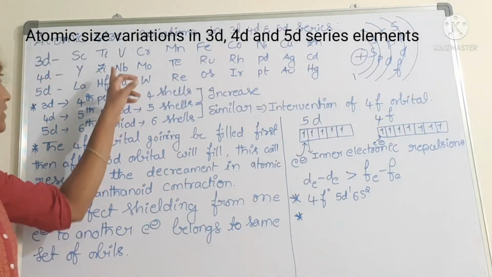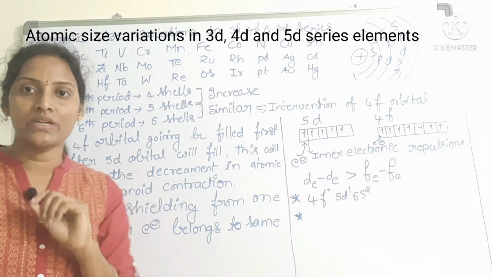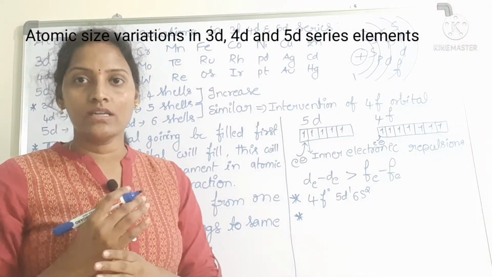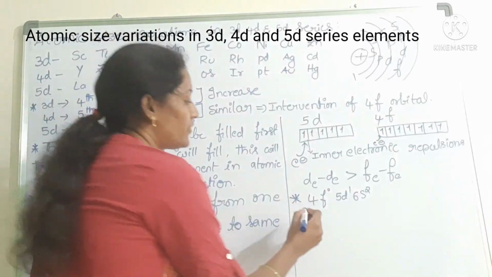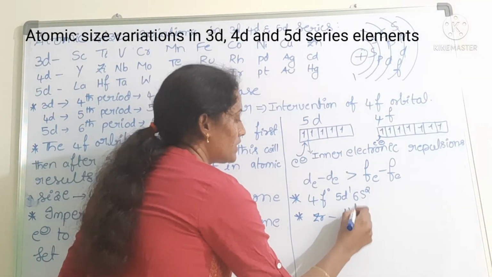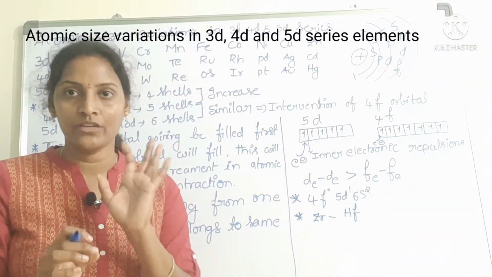See here, from zirconium to hafnium, there is only a minute increment in size. For zirconium that is 159 picometers, for hafnium that is 160 picometers only. So they both have minute variation.